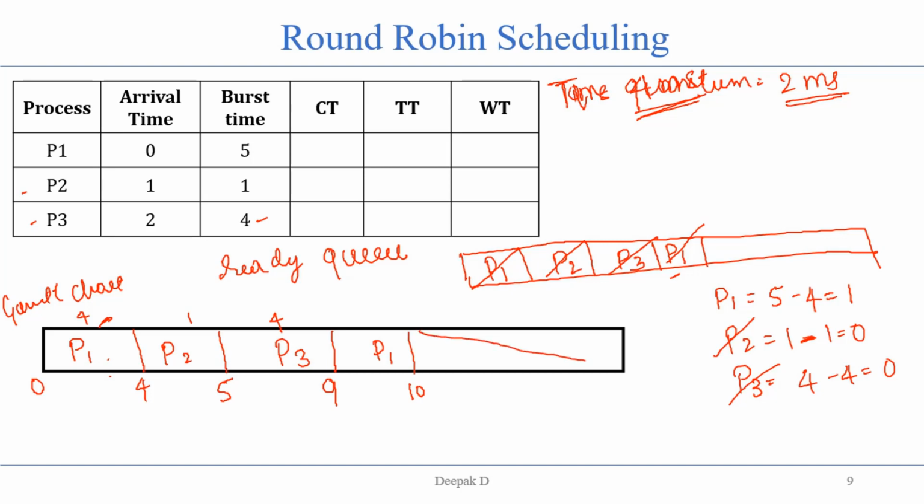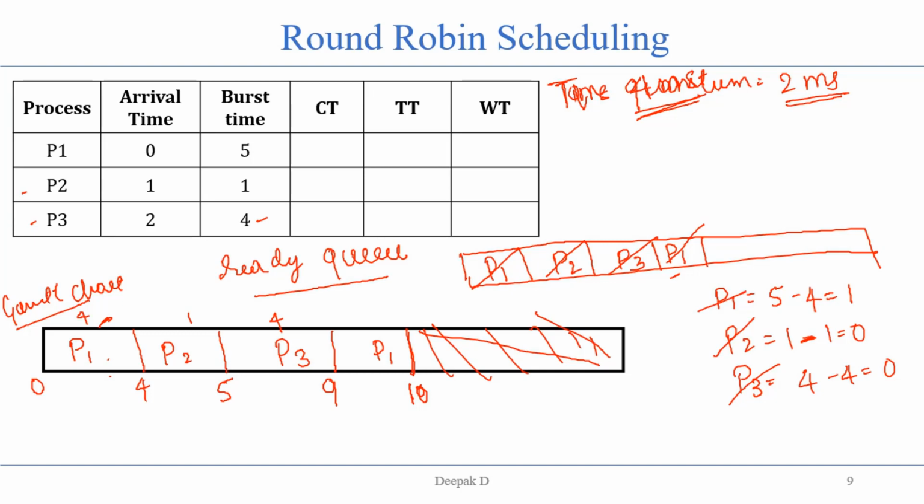Kindly ignore this, don't write this one. So this is your Gantt chart, which means all the processes complete their execution at 10 milliseconds. This is how we get the Gantt chart and also the ready queue. So I'm done with all the processes.